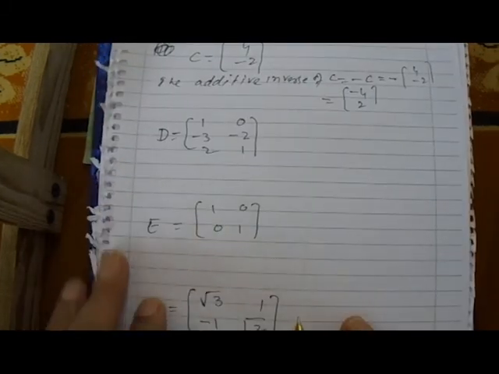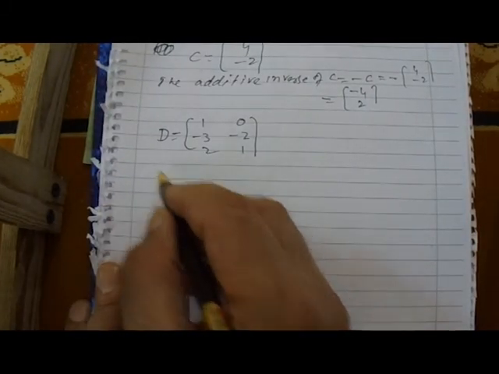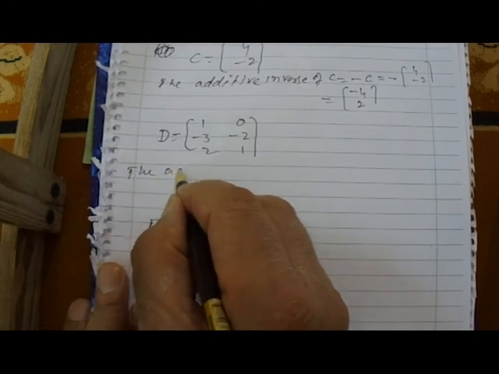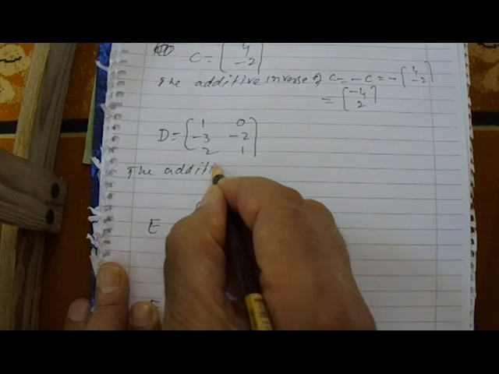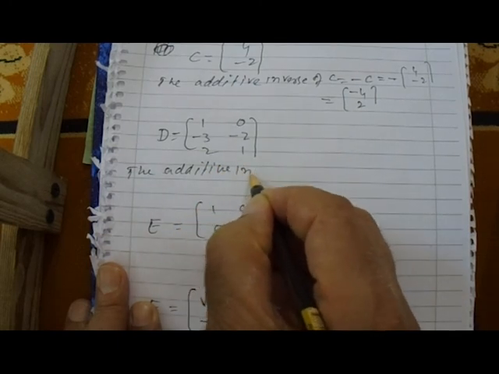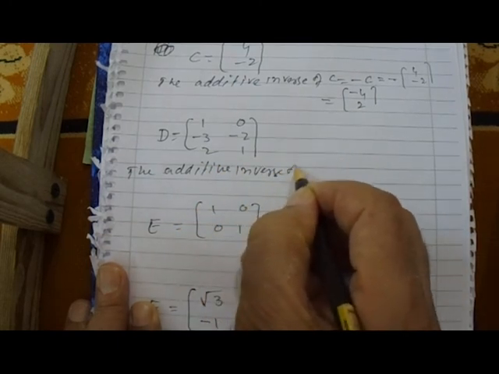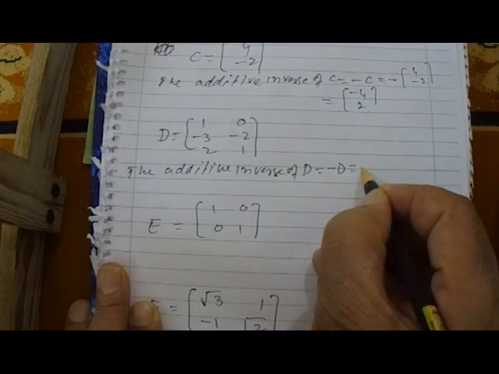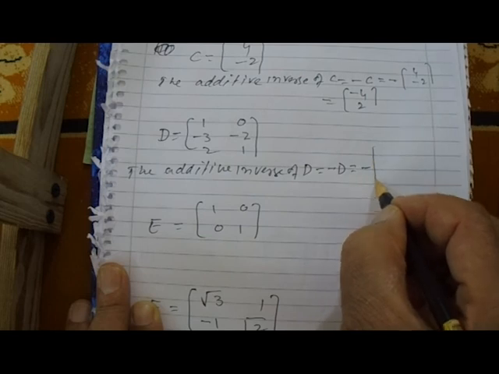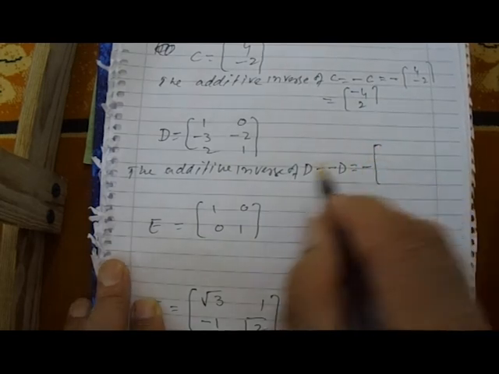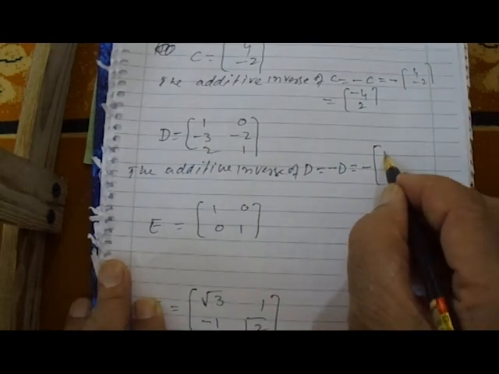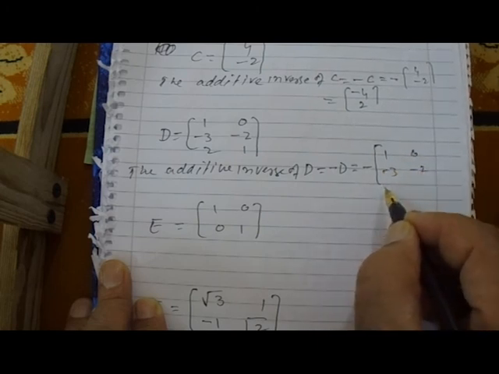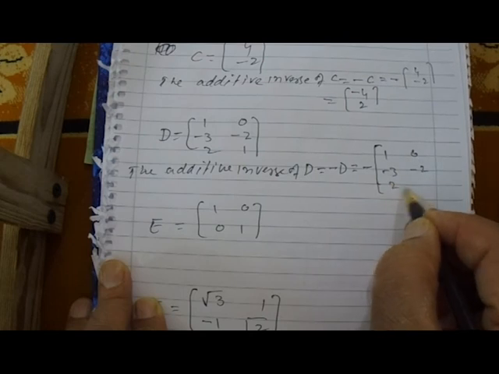Now the question is D. Again the additive inverse of D is equal to minus D. Now again you write minus and put this matrix: 1, 0, minus 3, minus 2, and here again 2, 1.